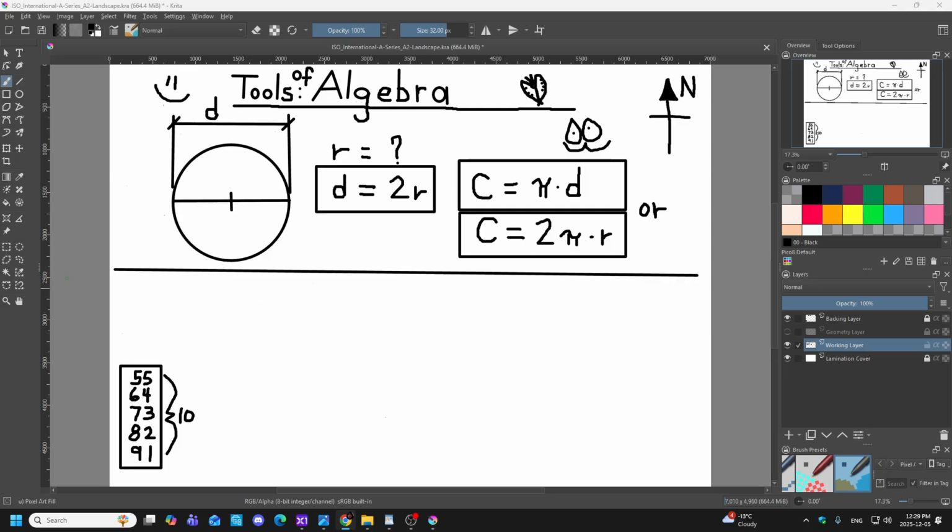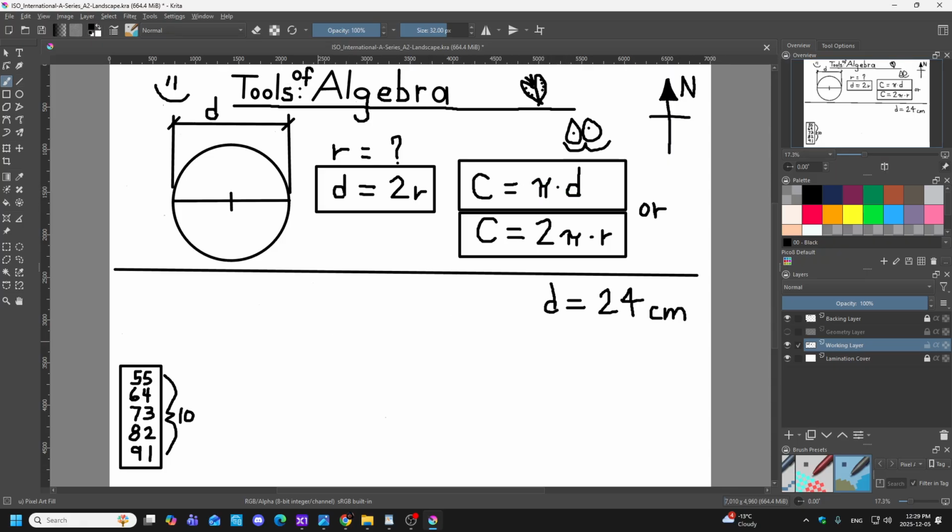All right, we're given d is equal to 24 centimeters. d is already given to us, so we might as well just go straight to using this formula.